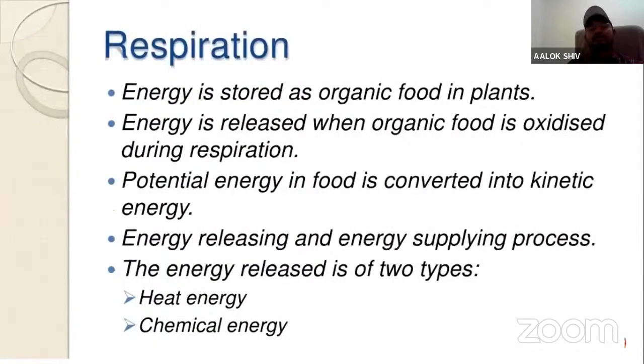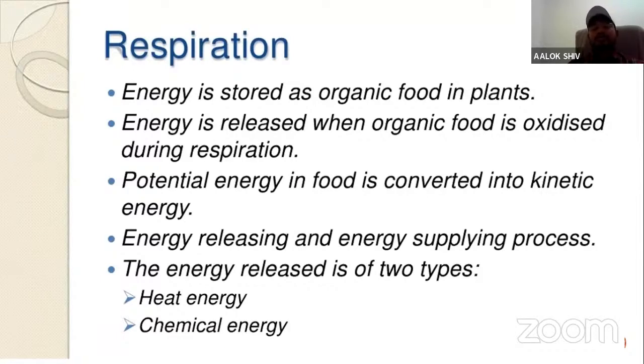The next metabolic process is respiration. So what is the significance of respiration? The energy is stored as an organic food in the plant. We have seen the formation of the glucose, and energy is released when this organic food is oxidized during respiration.